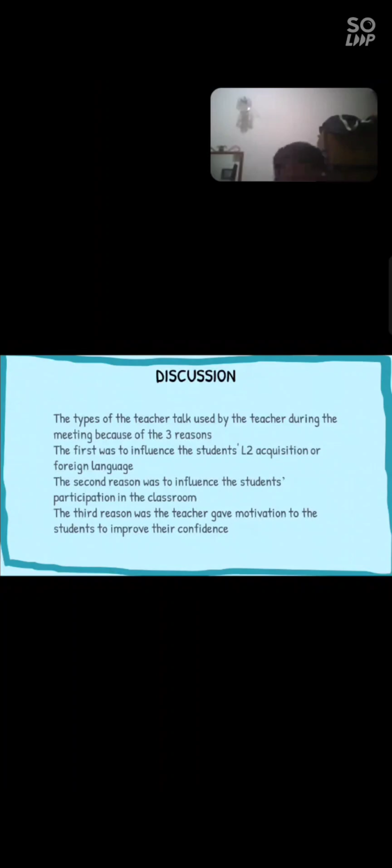So if they have good confidence, maybe they can improve their English skills well, more and faster. So in the future, they can speak English as well as they need to be and they want to be.